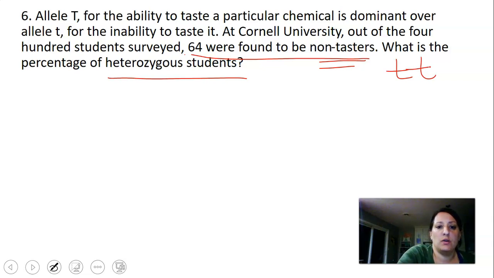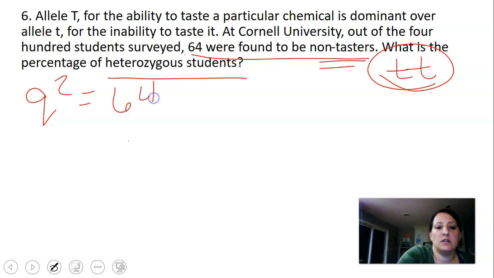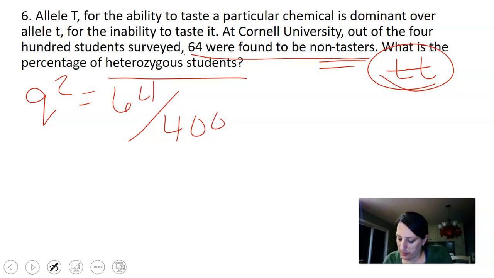And so we got 64 out of 400, so that's going to be our Q squared, our frequency of homozygous recessive individuals. So that's going to be 64 divided by 400. Okay, we'll do that math real quick. Okay, that equals 0.16.